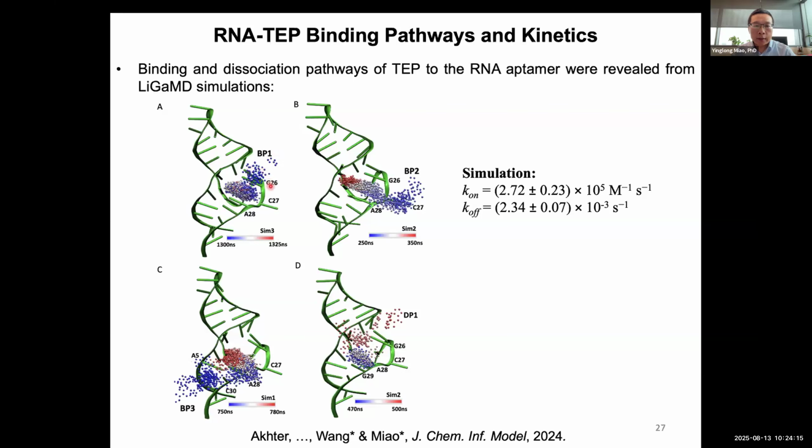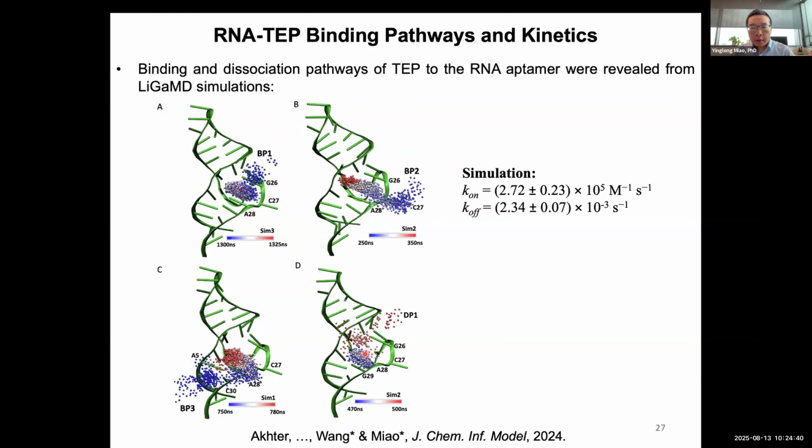So it can get close to G26, and then finally the target site close to C27, G24, and A28. In the second pathway, it goes below G26 from the right side. In the third pathway, it goes from the lower left region. So it can get close to A5, C30, and then finally the target site.